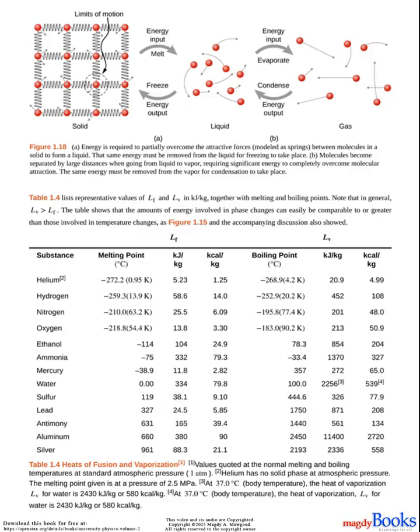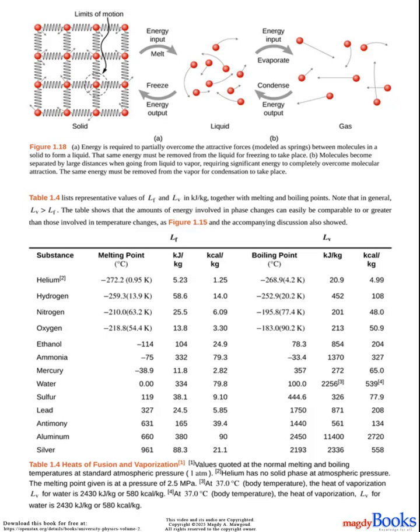Mercury. Melting point, negative 38.9 degrees Celsius. 11.8 kilojoules per kilogram, or 2.82 kilocalorie per kilogram. Boiling point, 357 degrees Celsius. 272 kilojoules per kilogram, or 65 kilocalorie per kilogram.